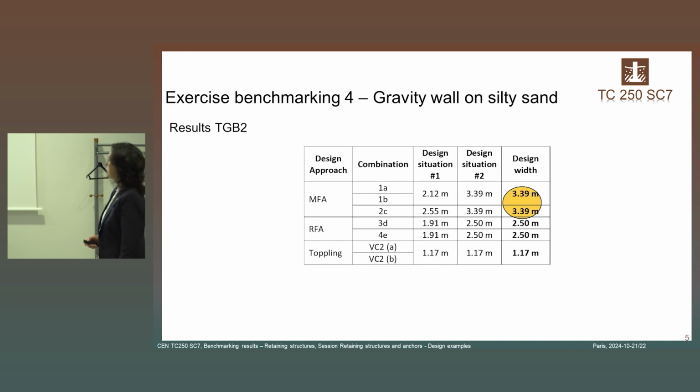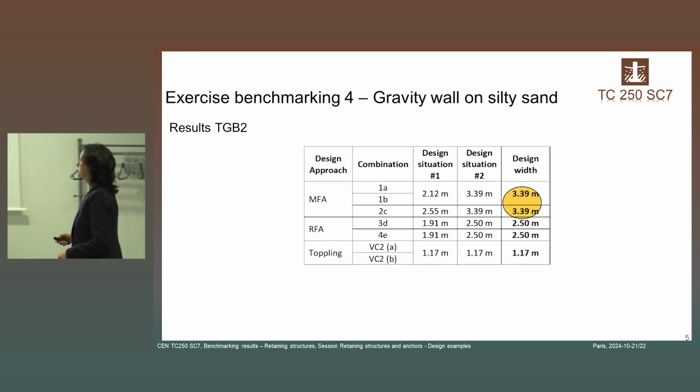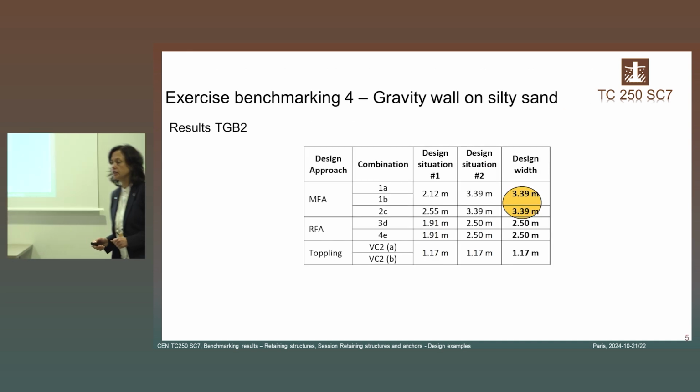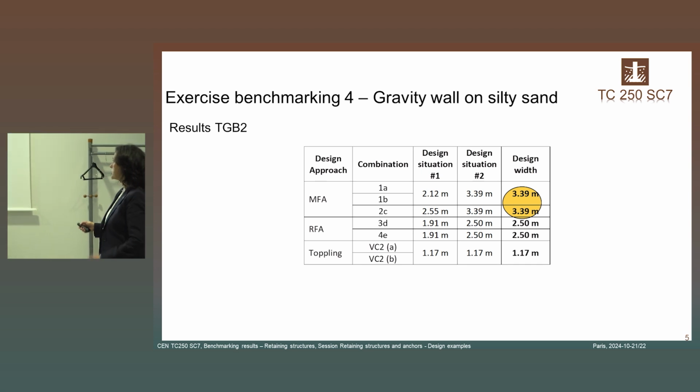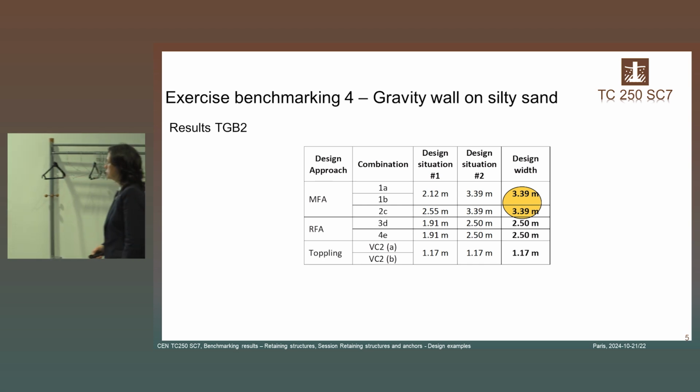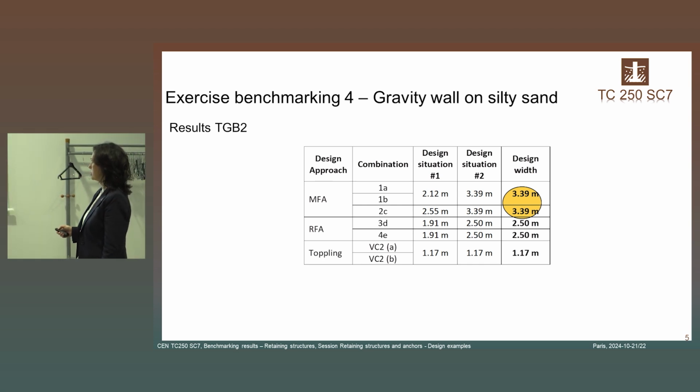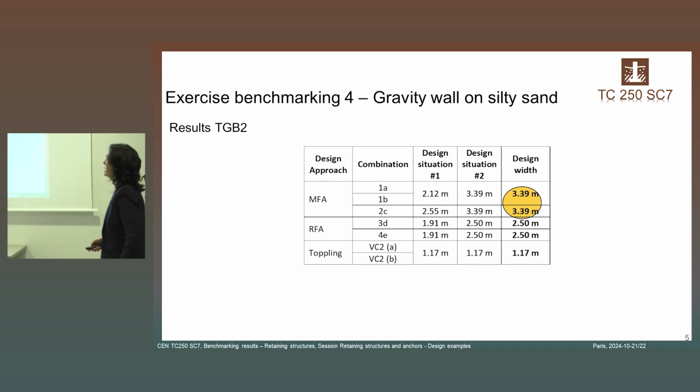And here are the same results that Sebastiano in TGB2 obtained, with the maximum values obtained in the material factoring approach, and those obtained for RFA, and for the toppling using VC2 with the two combinations. So the final result from TGB2 was 3.4 meters, the required width.